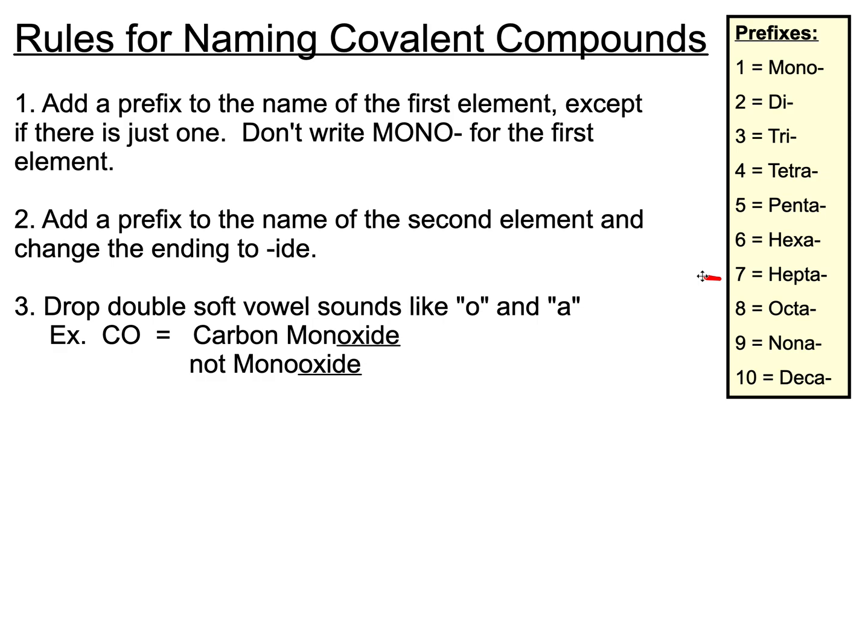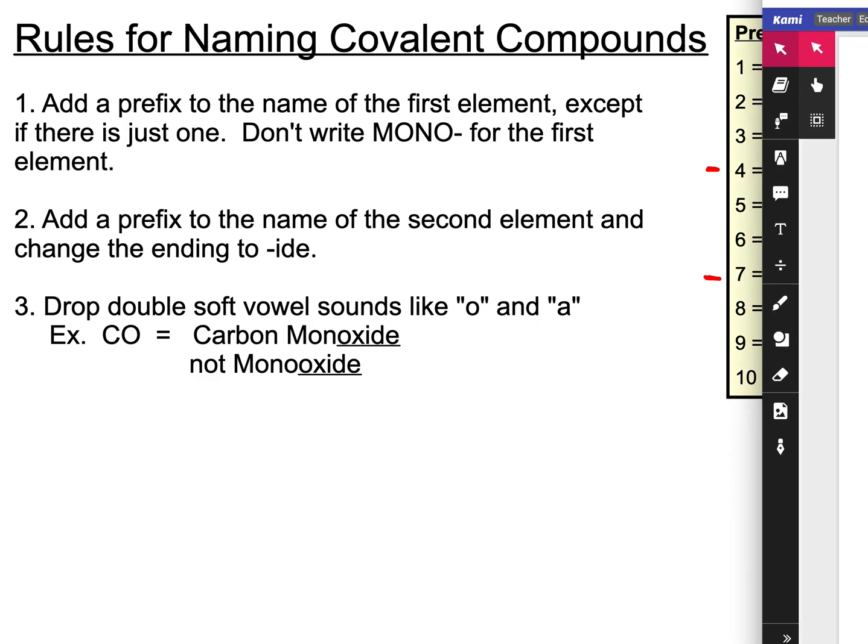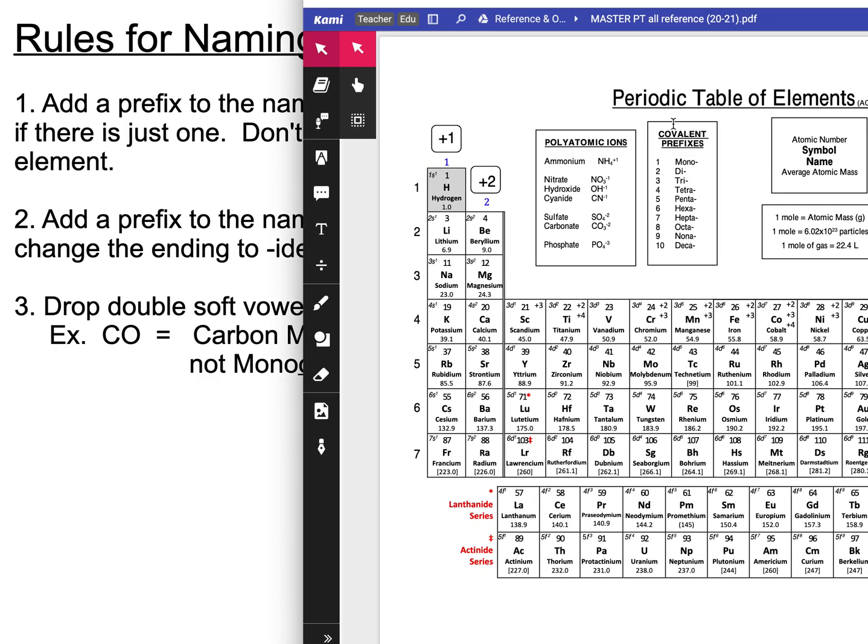Maybe this one's a little unfamiliar to you. You probably heard it before, but maybe you didn't use it that often. But you should know hepta is 7. Octa, like an octopus, that means 8. Nona for 9. And deca, like decade, for 10. So I bet you a lot of these you already know. But in case you forget, they're also found on your periodic table.